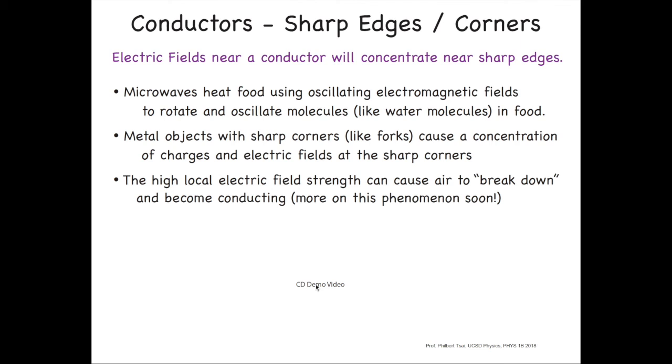So effectively, you've got this conductor with millions upon millions of these little sharp corners. At every one of these sharp corners, you're going to get an accumulation of charges, and you're going to get very large electric fields, and they can cause air to break down, meaning a spark will occur between them. Let's see what happens.